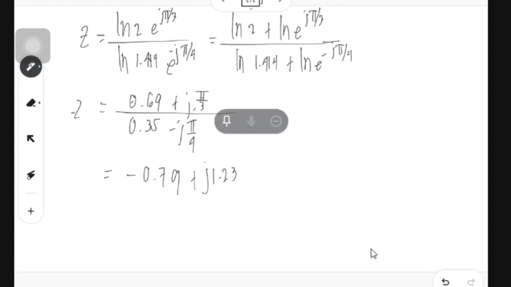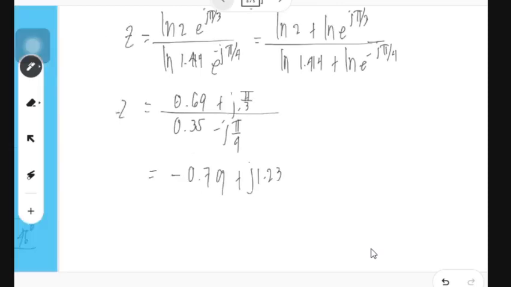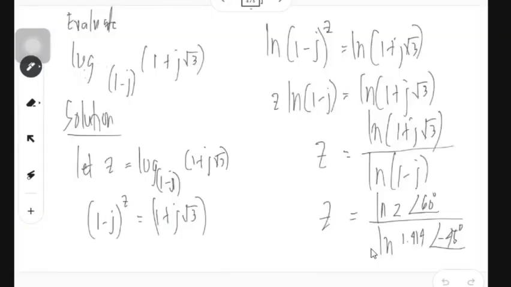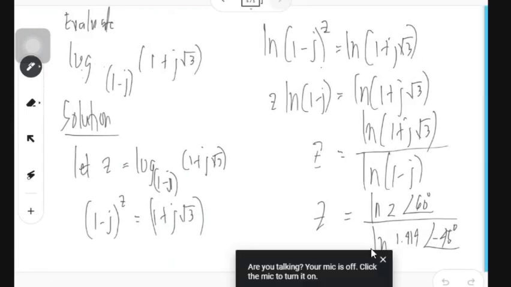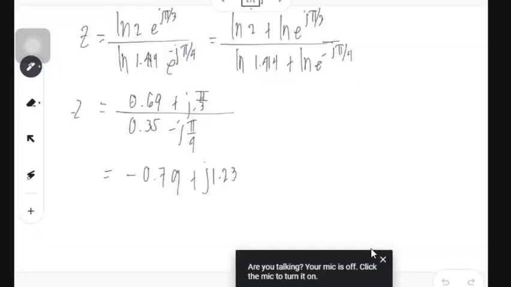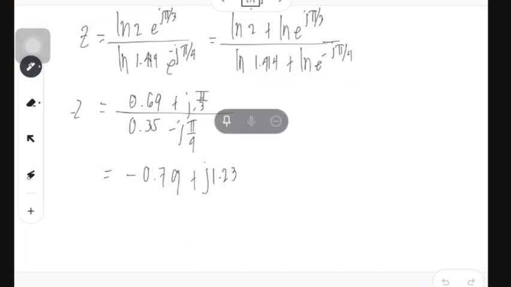Ibig sabihin, alam niyo nang gamitin yung calculator directly, ano? So, kung kayang i-process ng calculator directly, yun ang gamitin nyo. Imamanual lang ninyo kung hindi kaya ng calculator. Tulad nung process na ito, kukunin mo yung logarithm, hindi kaya ng calculator yan. So, up to this point, yung ln of e to the j pi over 3 divided by ln of 1.414 e to the negative j pi over 4.